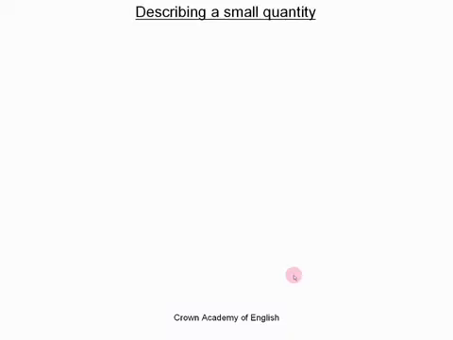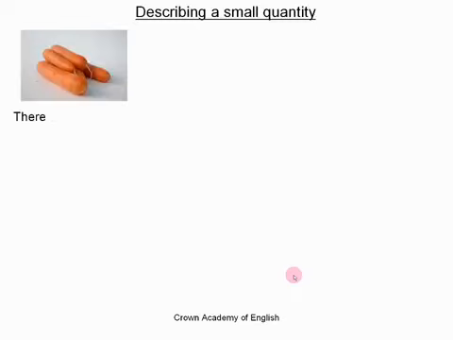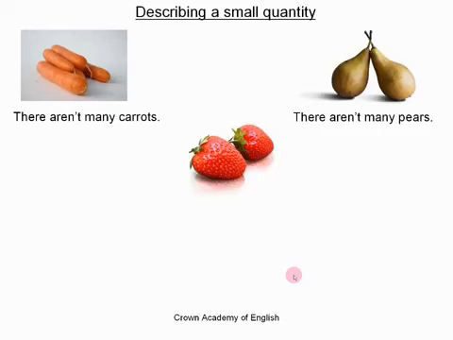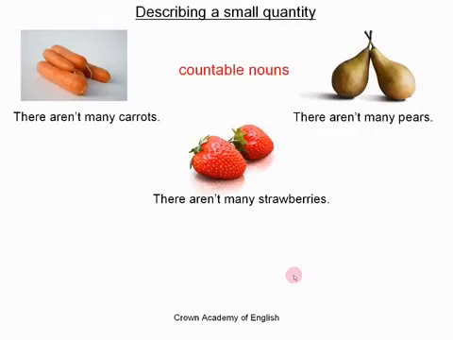Now let us describe a small quantity. There aren't many carrots. There aren't many pears. And there aren't many strawberries. So again, these are examples of countable nouns.